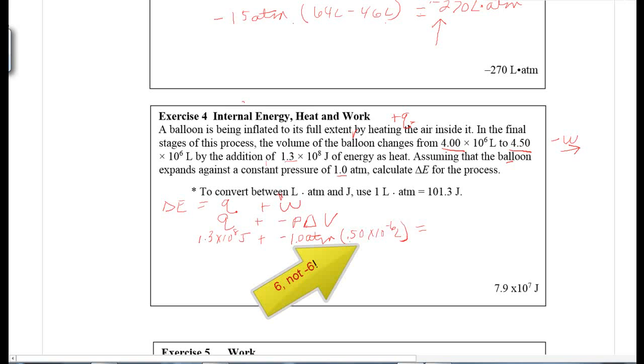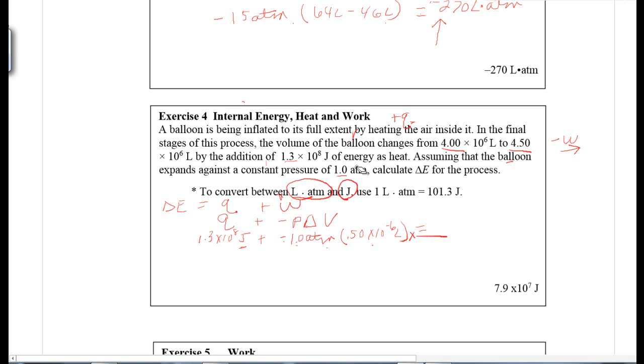If I multiply that out and add 1.3 times 10 to the 8th joules, I end up with a problem, because one is joules and this comes out to be liters atmospheres. The nice thing is it tells you how to convert from liters atmospheres to joules, so we're going to use this conversion.